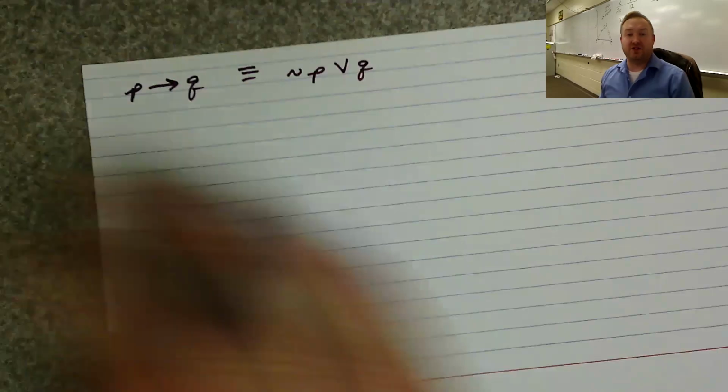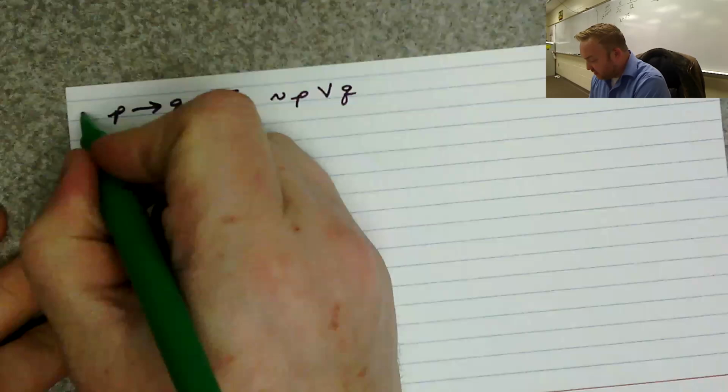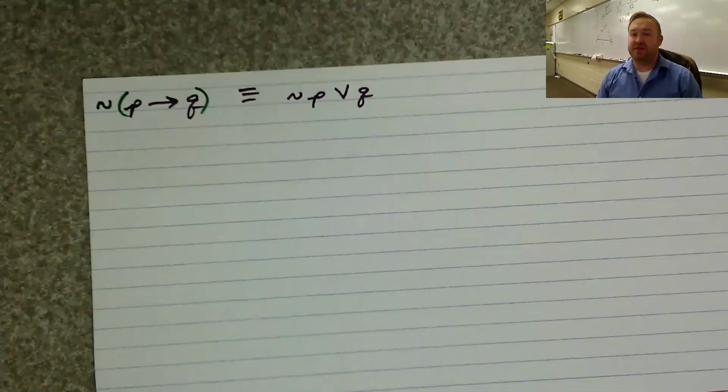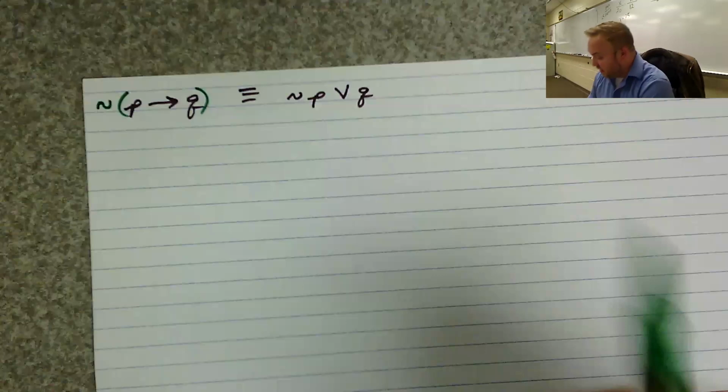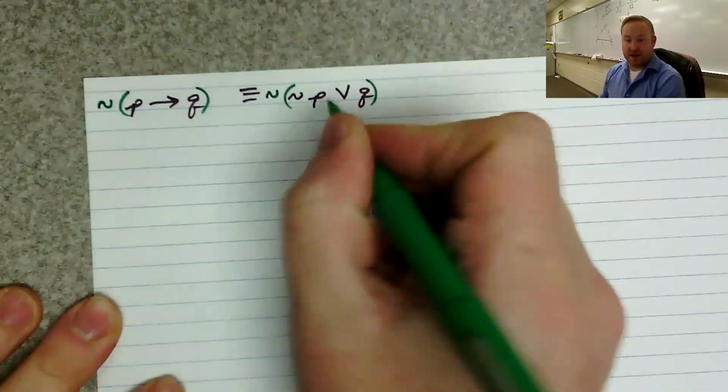Now what I'd like to do is to negate this whole conditional. I'm going to find a statement that is not equivalent to the conditional, but is the negation of that conditional. So in other words, I'm going to also negate this whole thing.